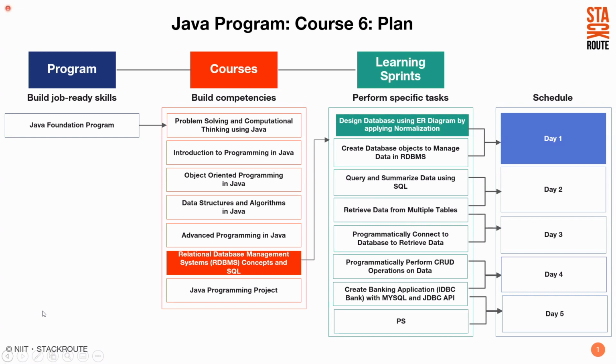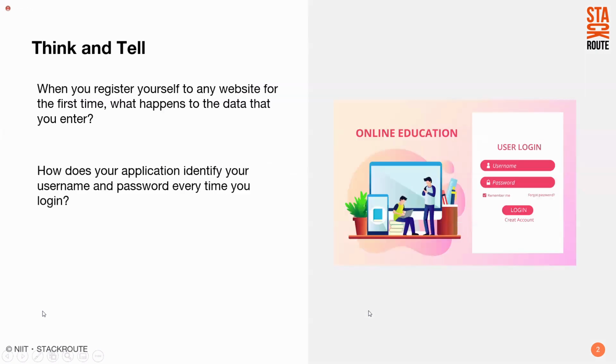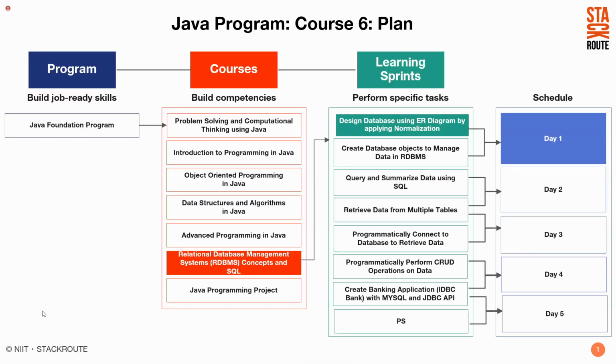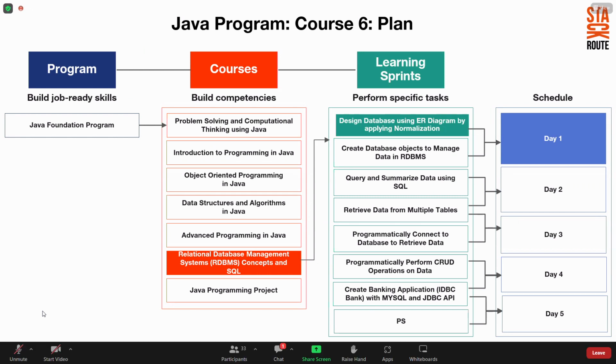Today we will start with the first sprint, which is designing a database using an ER diagram and applying normalization, the process involved in your RDBMS. Let's begin the session. Any query, any doubts? No, ma'am. All right.